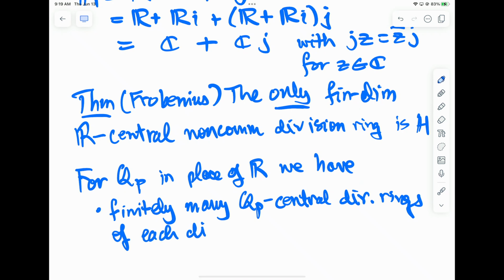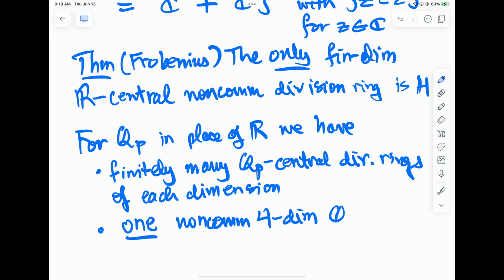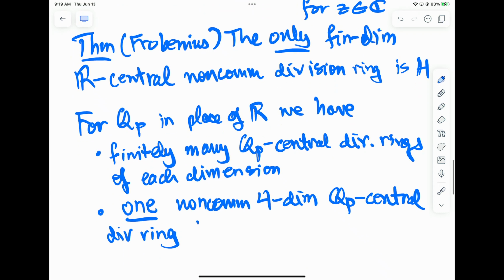In some dimensions there are none, but in any particular dimension there are only finitely many, and one non-commutative four-dimensional Q_p central division ring, just like the real numbers. So I'll tell you for p equals 2 over Q_2, the only four-dimensional division ring whose center is the two-adic numbers.